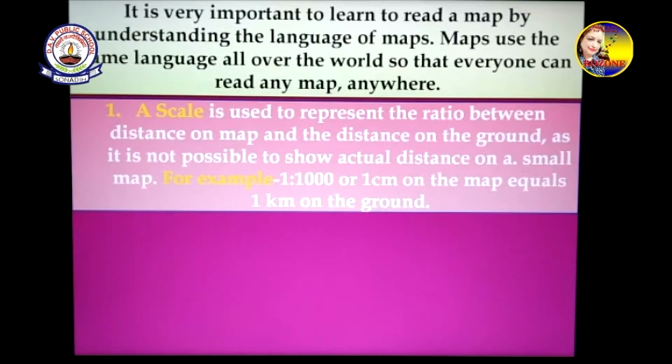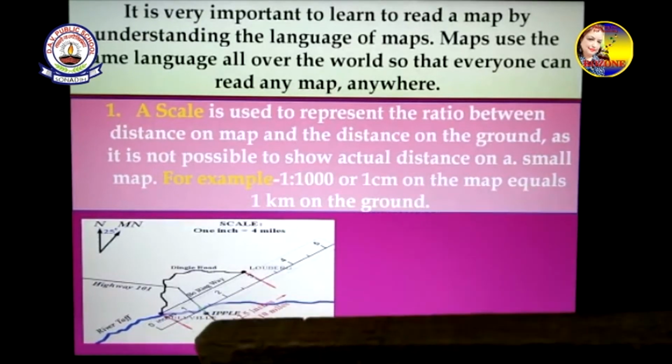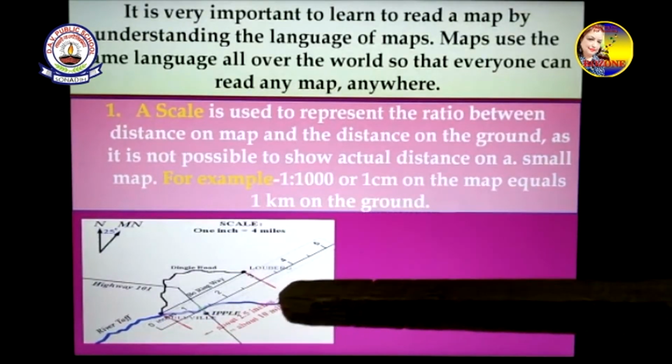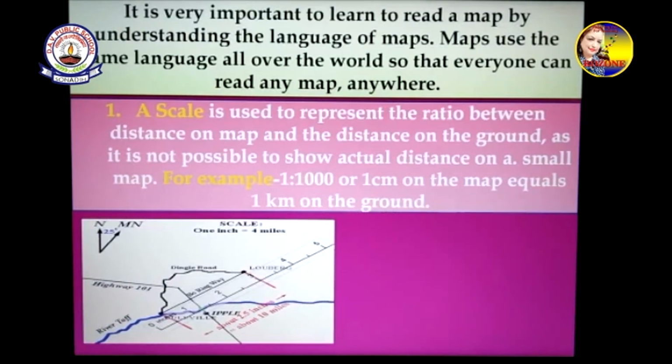For example, 1 centimeter on the map equals 1 kilometer on the ground.